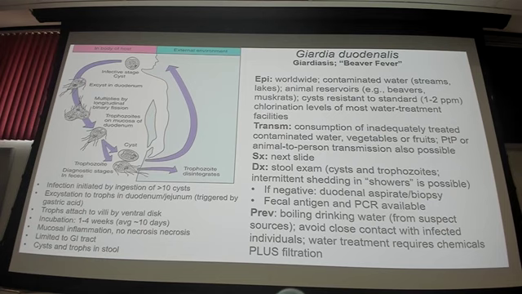Once they're trophozoites, they continue to divide longitudinally, splitting right down the center by binary fission. They get to be thick, especially if you have a compromised immune system and you're not able to keep those numbers down. On the next slide, we'll see how thick they can get.